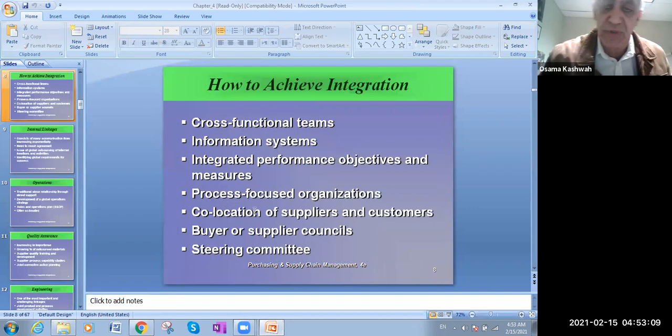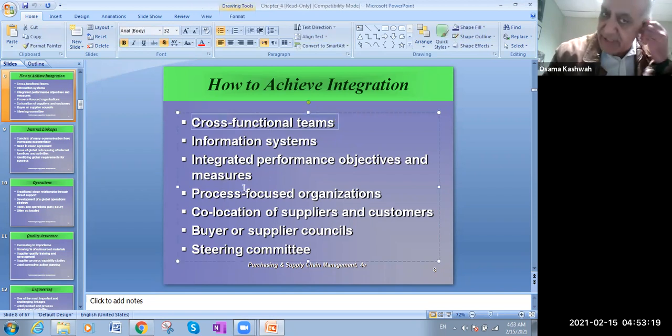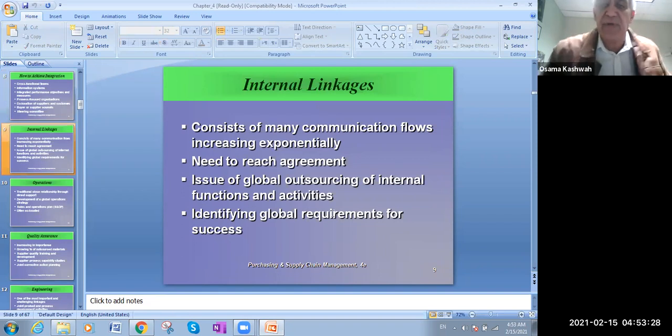Those are also things. Still, we are talking about how to achieve the integration through cross-functional teams, which we talked about before, information systems, integrated performance, and process-focused organizations. All these are ways of how we will do the integration.